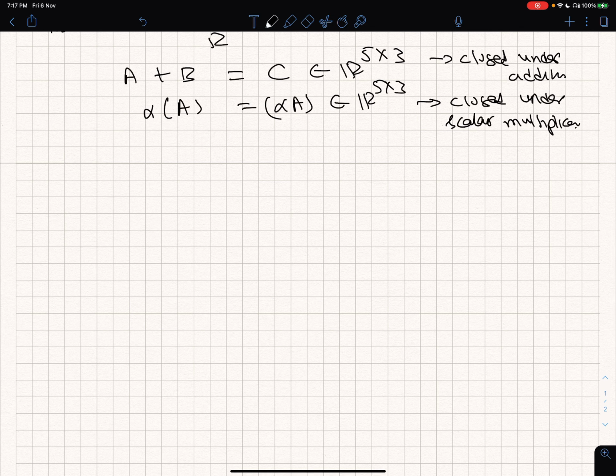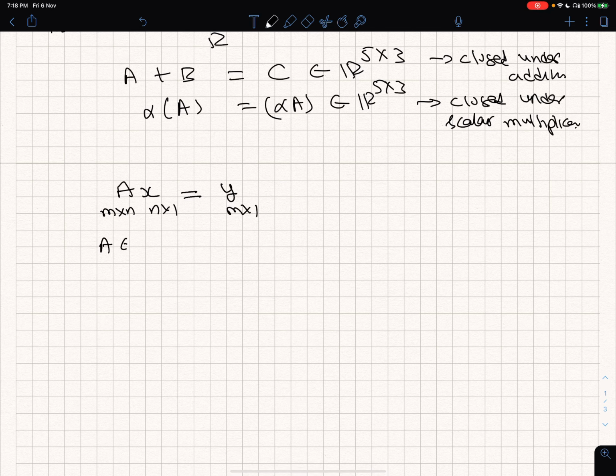Okay. Now, I also look at another important concept that I use. When I multiply an m cross n matrix and an n cross 1 vector, all of course real, then when I multiply this x vector by the m cross n matrix, I transform it into a vector y, which is m cross 1.